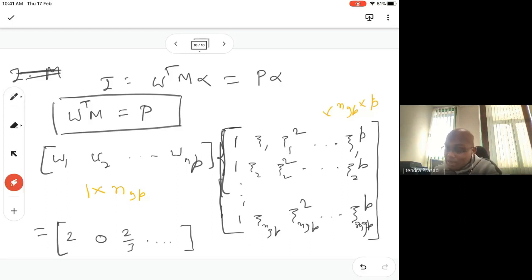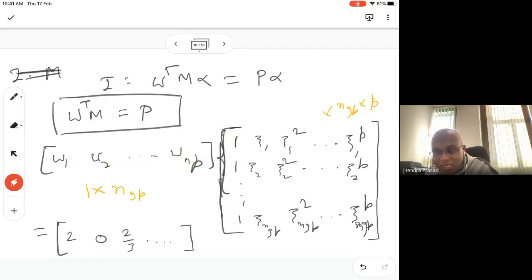Now here we can find out basically how it works. So the first one, this multiplied by this has to equal to 2, right? So if ngp equals 1, then what is the value of w? From this equation we can find out.